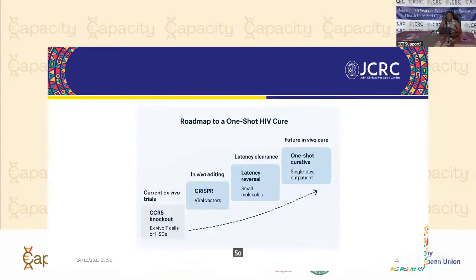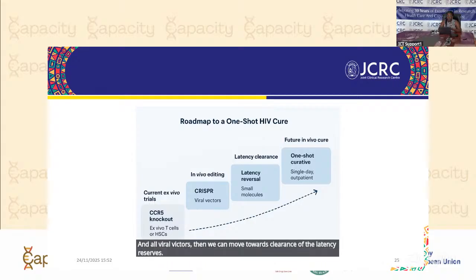So finally, what do we see as the roadmap to a one-shot HIV cure? If we can come from the current ex vivo gene therapy trials, whereby we are knocking out CCR5 or excising the virus, and then moving towards in vivo gene editing using CRISPR and viral vectors, then we can move towards clearance of the latency reservoirs.